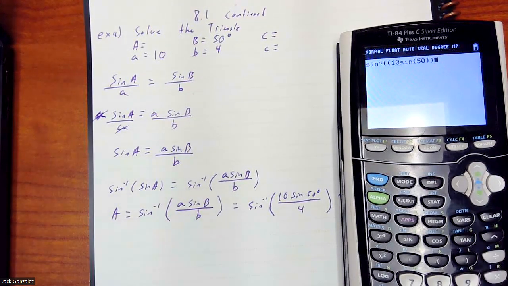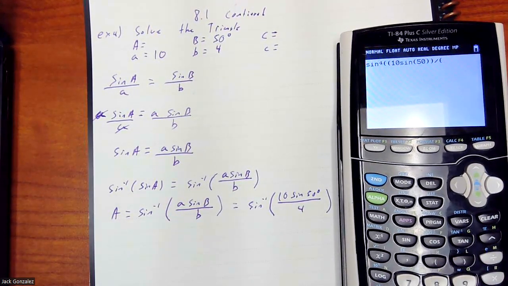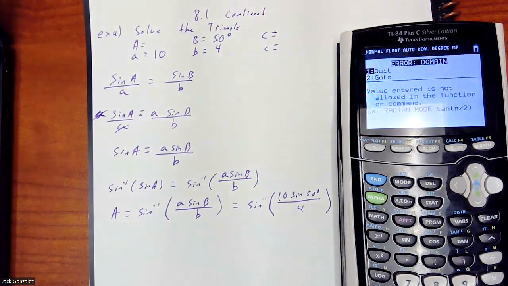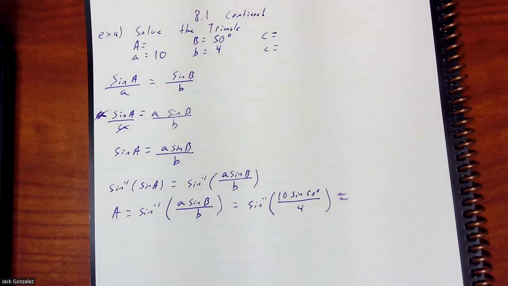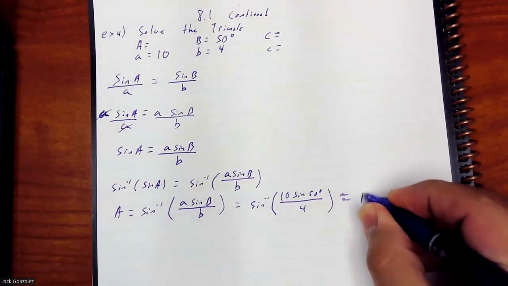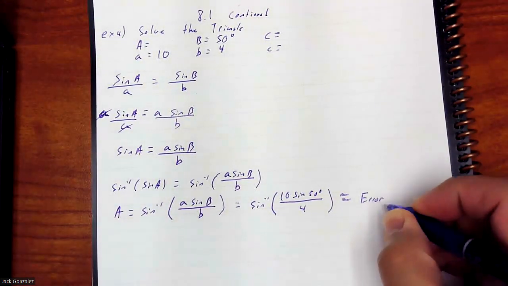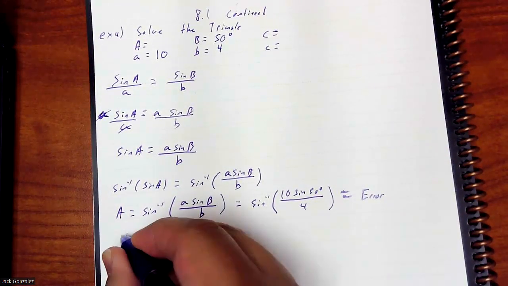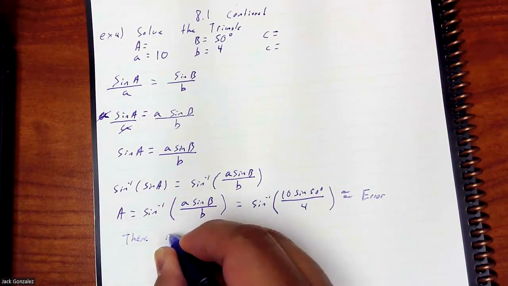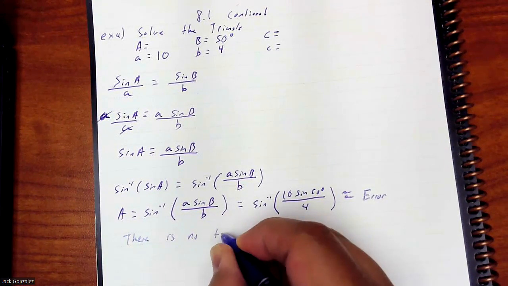So the top in parentheses divided by the bottom in parentheses. You should get an error. So I should tell you right away, it's a domain error, actually. There is no triangle to stop at this point.